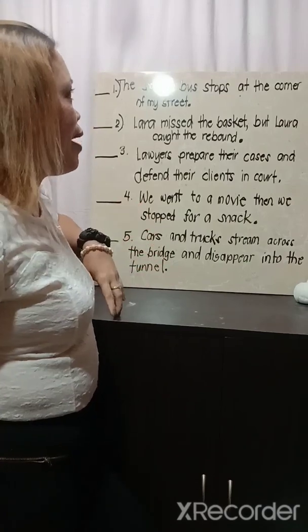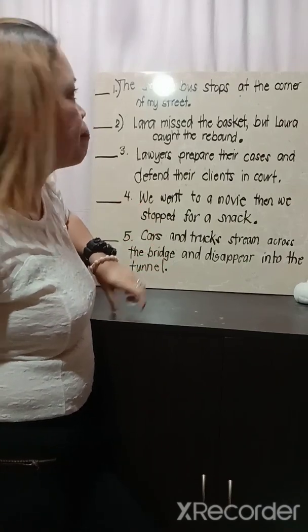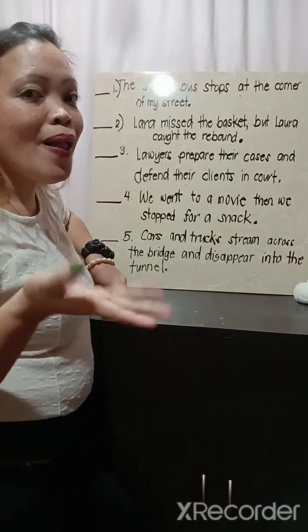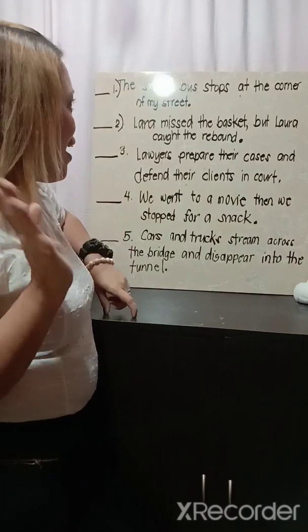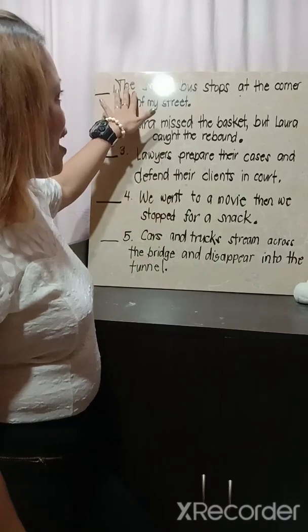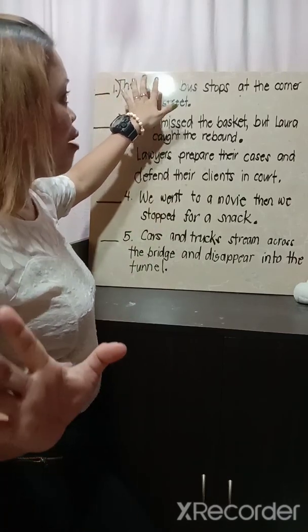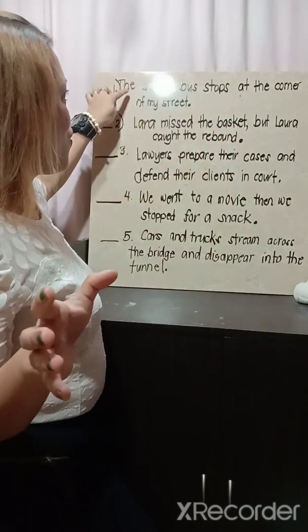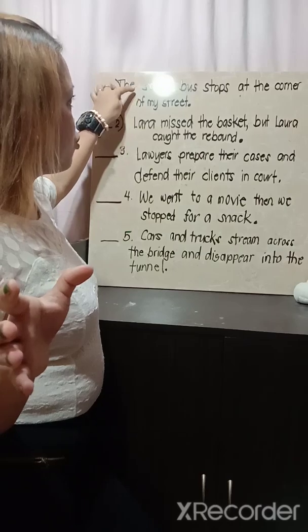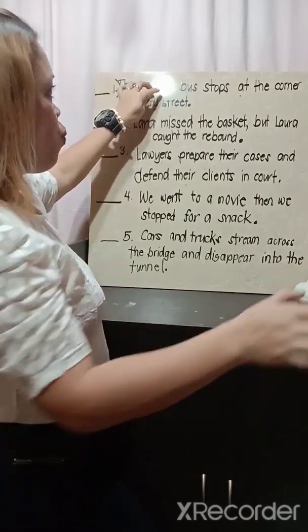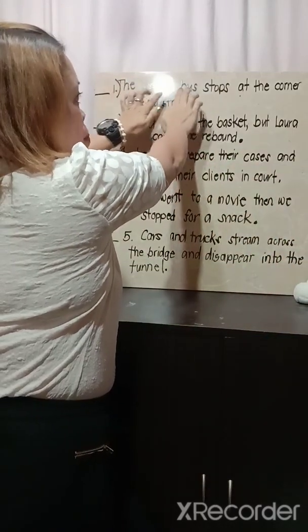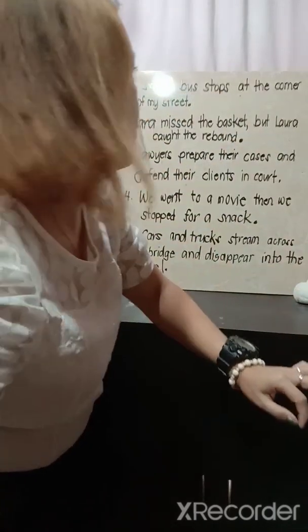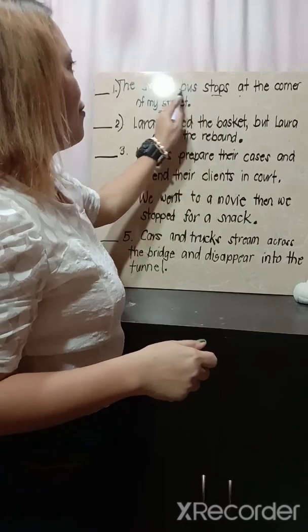Alright, what's your answer there? It's a simple sentence. Why? Of course, we have one independent clause, with one subject, the school bus, and one predicate, stops, and nothing more.